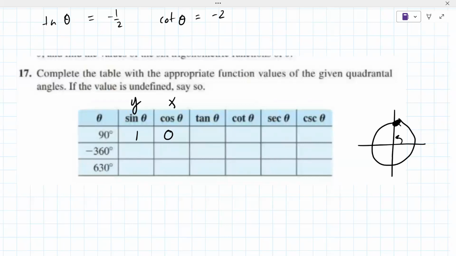Tan would be undefined. Yes, undefined. Okay, what else? What's cotangent? Cotangent is 0. Okay, secant.